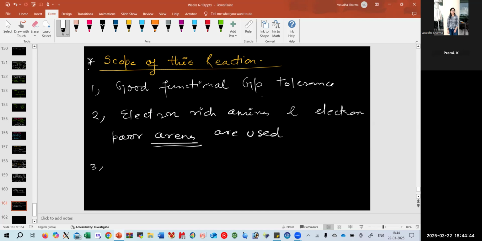If you are using primary amines, then a chelating ligand is required for the palladium catalyst to make a stabilized product. Also, we have seen retention of configuration.